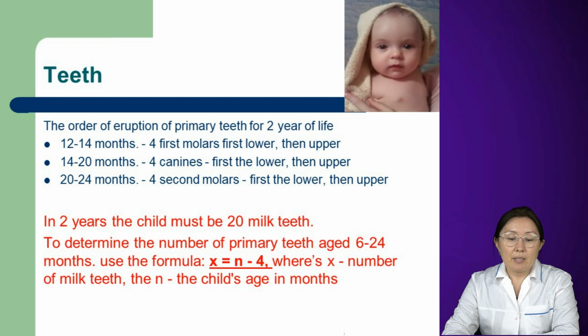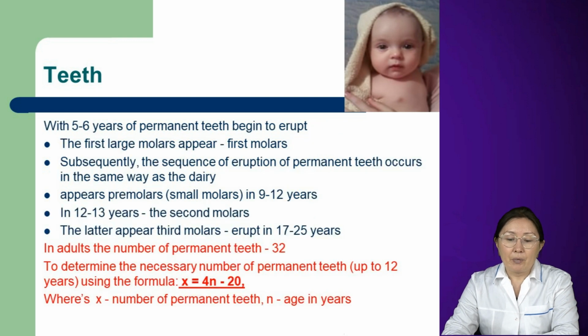By 2 years, the child must have 20 milk teeth. To determine the number of primary teeth at the age from 6 to 24 months, use the formula x = n minus 4, where x is the number of milk teeth and n is the child's age in months.